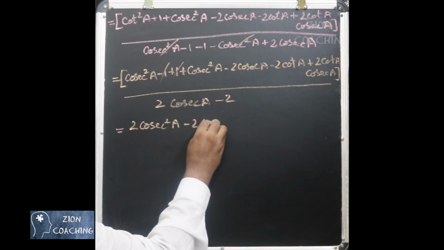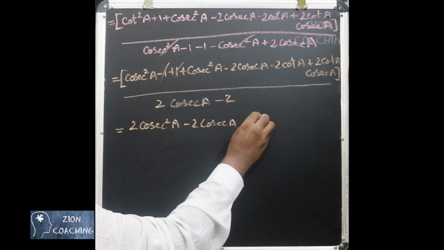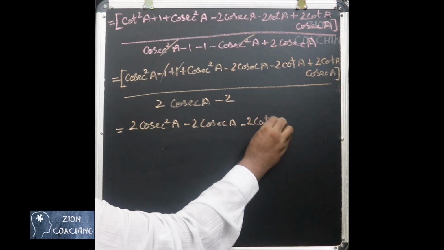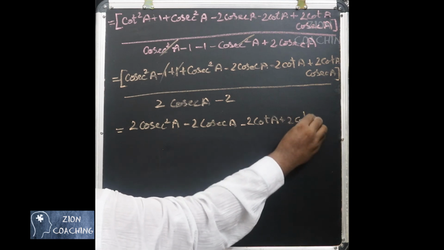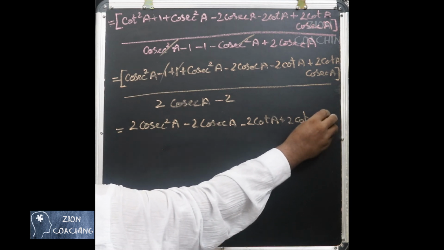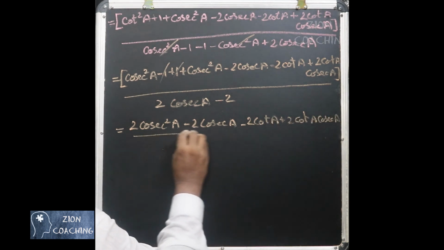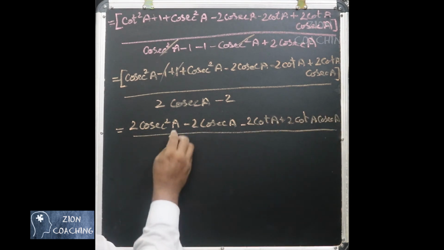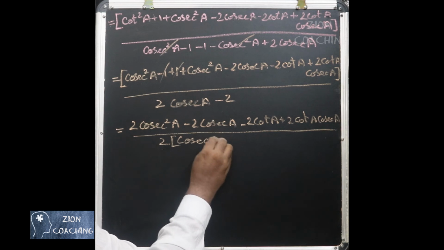Minus 2 cosecant A minus 2 cot A plus 2 cot A cosecant A, whole divided by 2 can be pulled commonly outside. So we will have cosecant A minus 1.